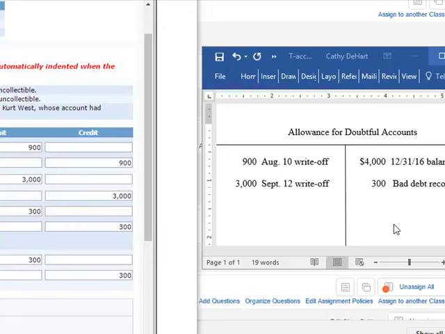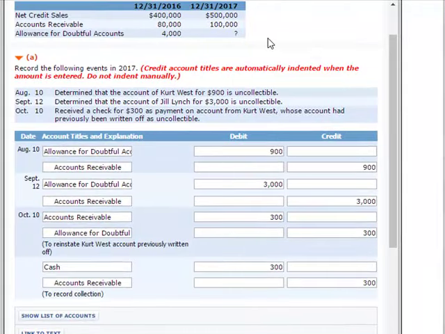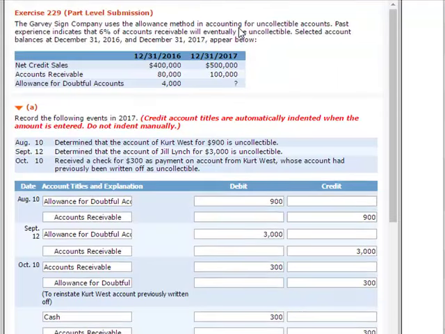So now let's take a look at what we want the ending credit balance to be in the allowance account. So going back up here to our data, we see that the balance of total accounts receivable as of the end of 2017 is $100,000. And in our company, past experience indicates that 6% of accounts receivable will eventually be uncollectible.